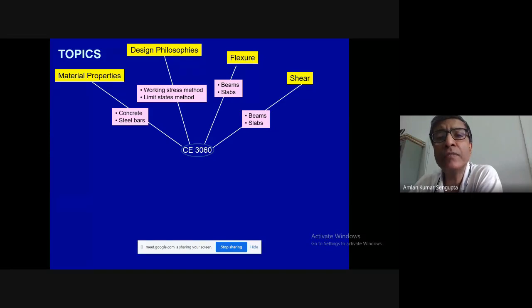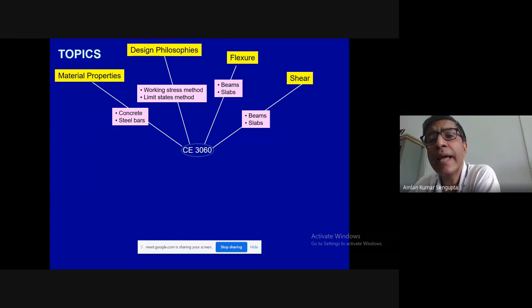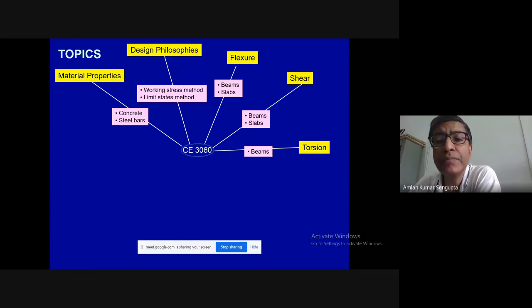Now, along with bending, there is shear, which is called flexural shear. And hence, the beams and slabs have to be again studied for the shear. For some beams, like the spandrel beams, there can be a special type of action, which is called torsion. Although it is not frequently designed for, we still need to be aware of those special members where there may be torsion.